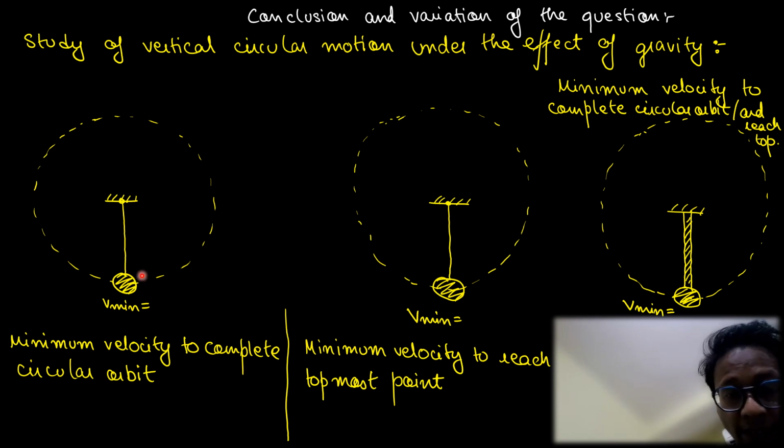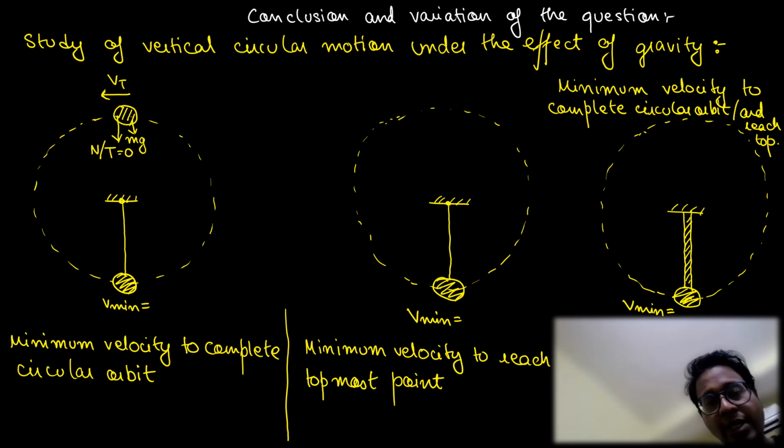To complete the circular path, the condition is that the contact force at the topmost point, either normal force or tension force, would be equal to 0. Normal or tension is equal to 0, and there is mg, gravity force, acting, so mg is equal to vt square by r.